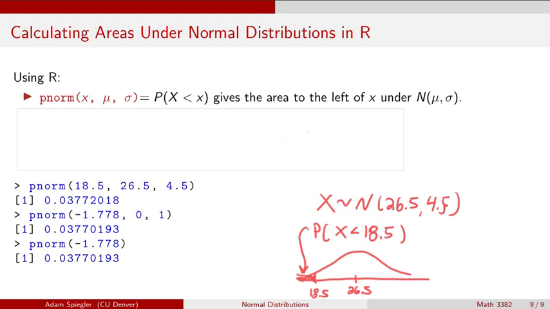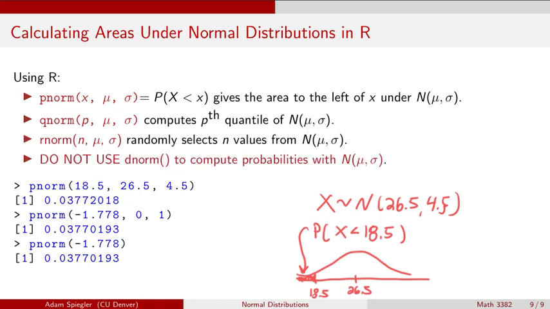And so we'll dig deeper into normal distributions in class, but just to end things in this video, I want to introduce just a couple of other functions that are built into R that work with normal distributions. One is the qnorm function, and we're going to use this to find quantiles of normal distributions.